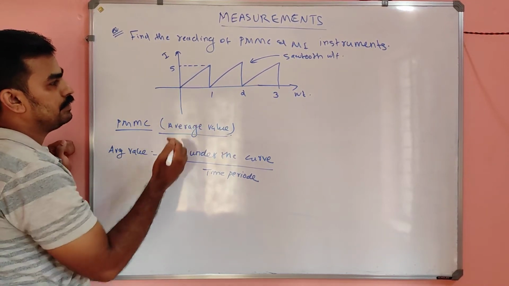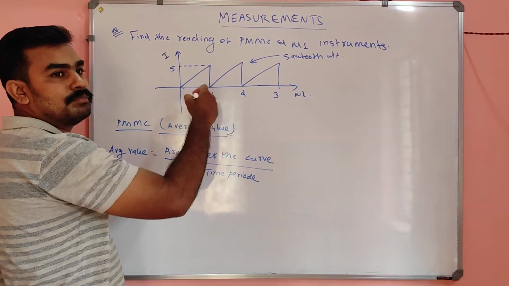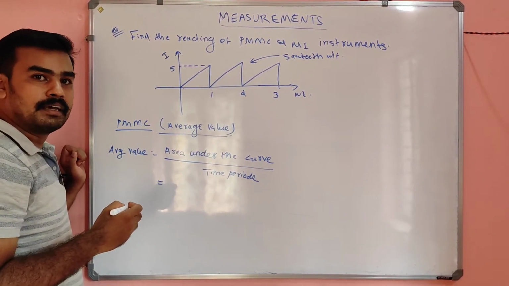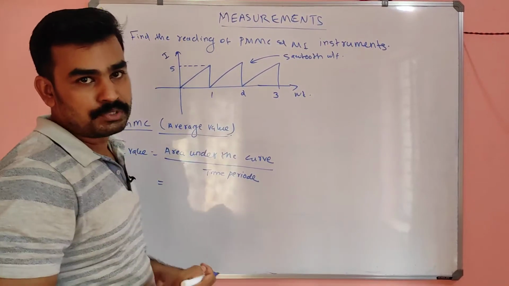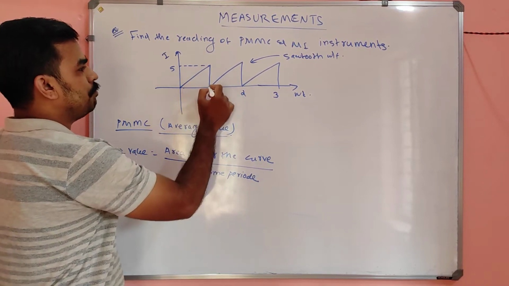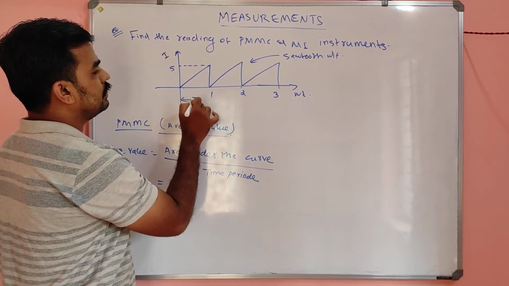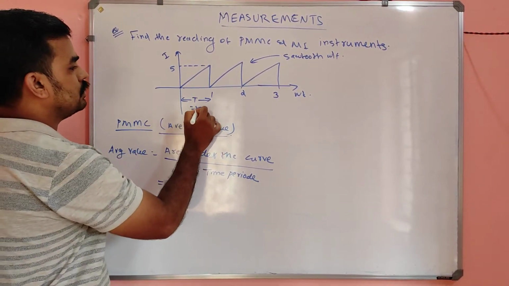Time period is what, my dear? At what time the signal is repeating is called the time period. In the previous question, after 3 seconds the waveform started repeating, but now after 1 second it will repeat. The same replica comes again after 1 second. So the time period is equal to 1 second.